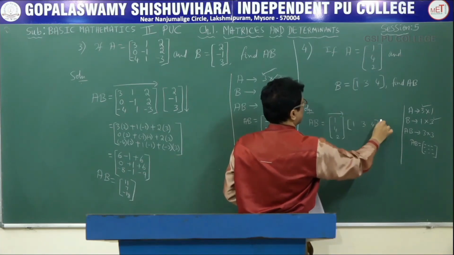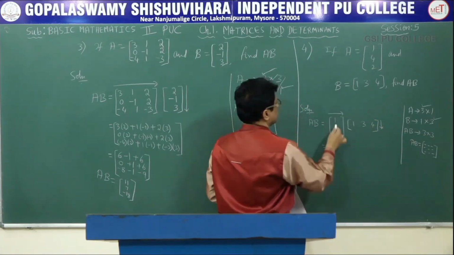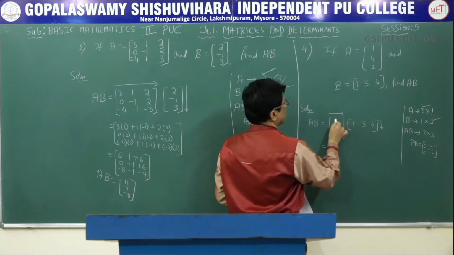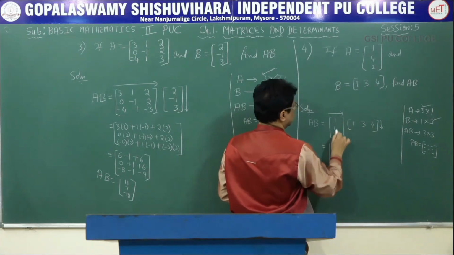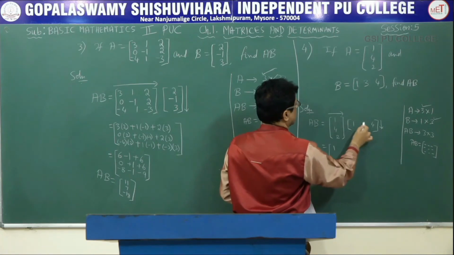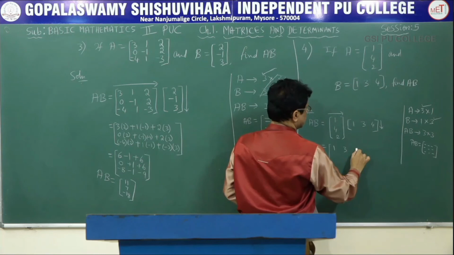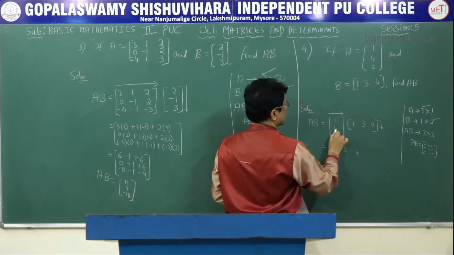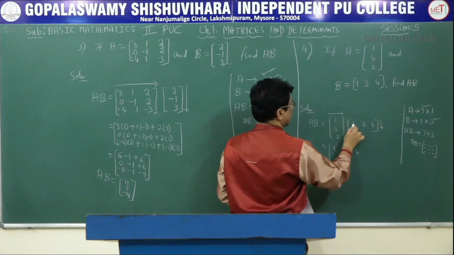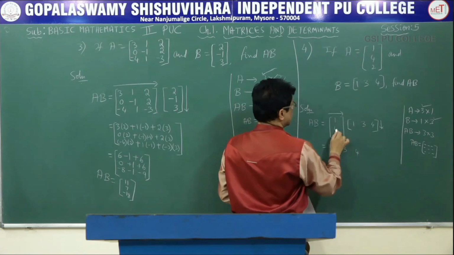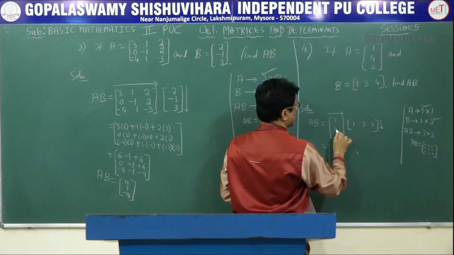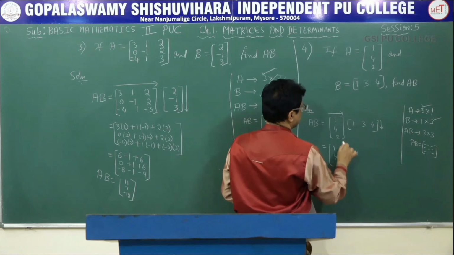So here row into column. So first row into first column, 1 into 1, 1. First row second column, 1 into 3, 3. First row third column, 1 into 4, 4. Second row first column, 4 into 1, 4. Second row second column, 4 3s are 12.